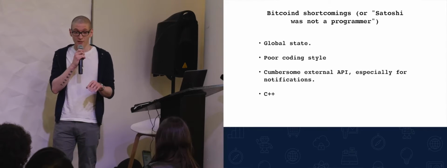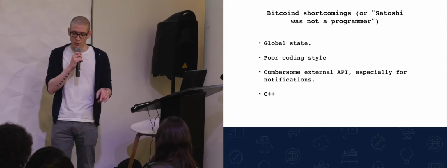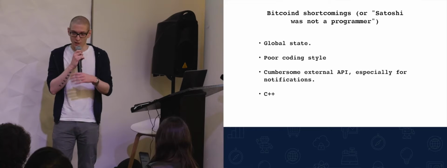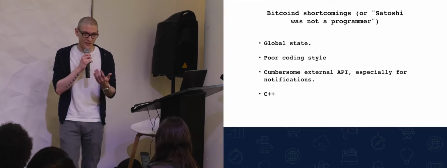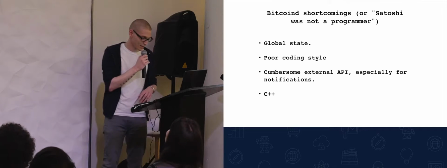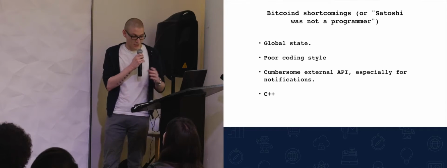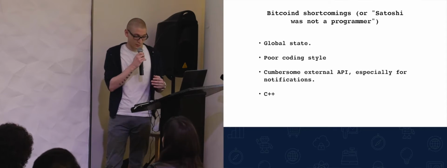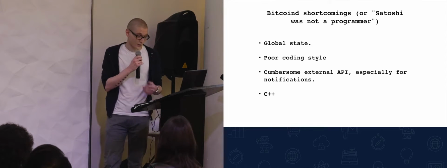If you've never read the Bitcoin D code and you go and read the master branch and you can actually understand it, congratulations, you're a liar. You didn't understand it. Nobody's going to understand it. So aside from the poor coding style, a very cumbersome external API, especially for notifications.